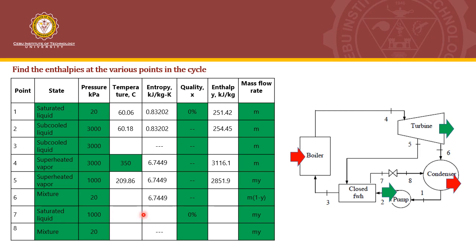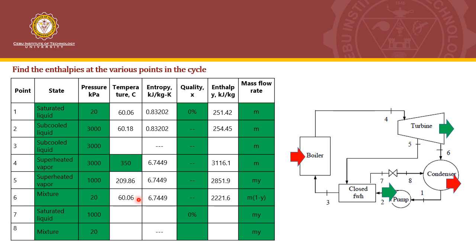But first, at point 6, we can also get the entropy, because basically 4, 5, and 6 is just an isentropic process. They have identical entropy. So we can also get the value of the properties at point 6.